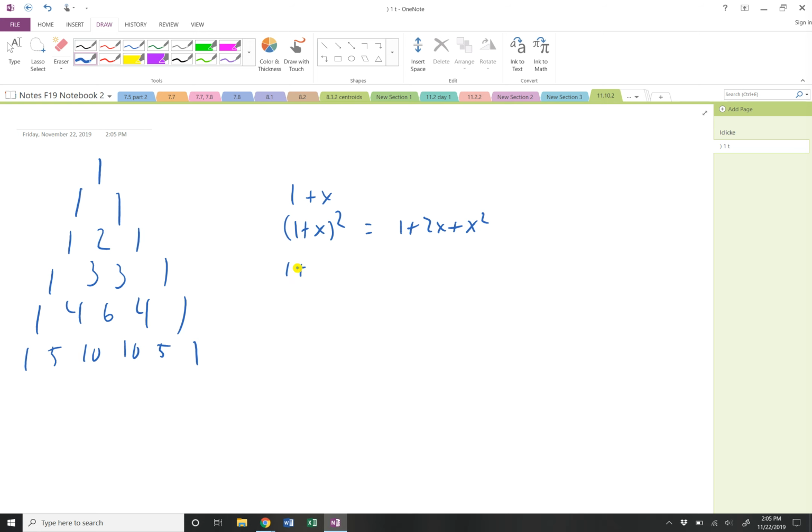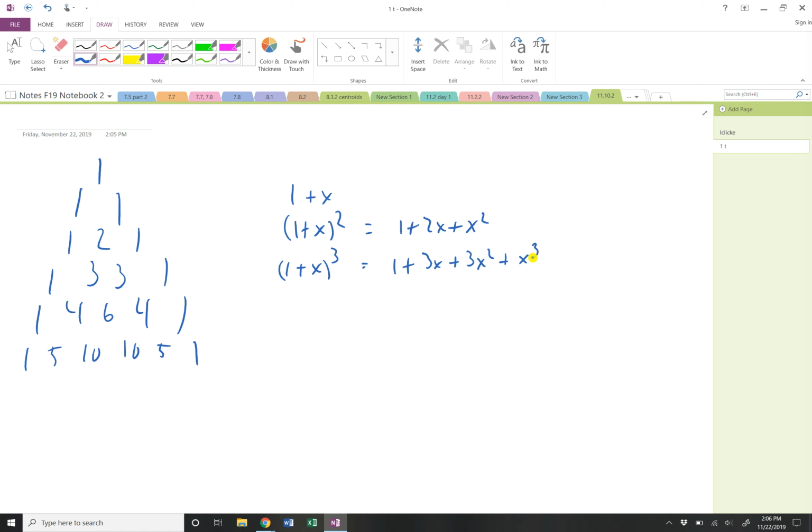It determines the coefficients. If you take powers of 1 plus x, or some teachers will do x plus y, then it gets you the coefficients of the binomials. Okay?